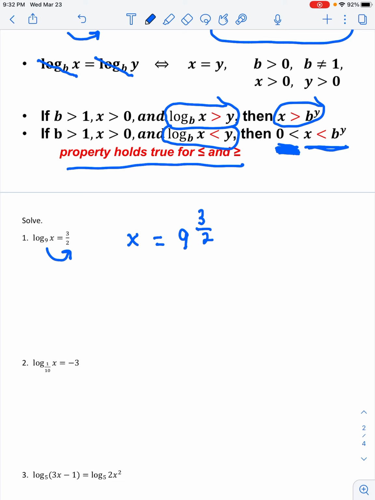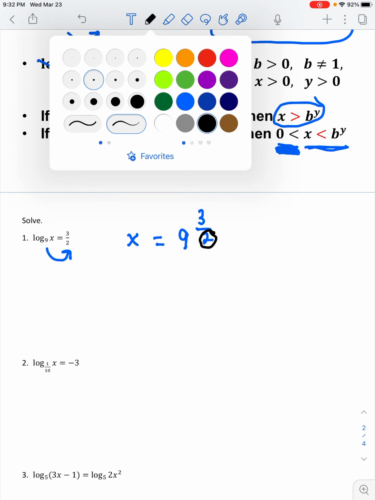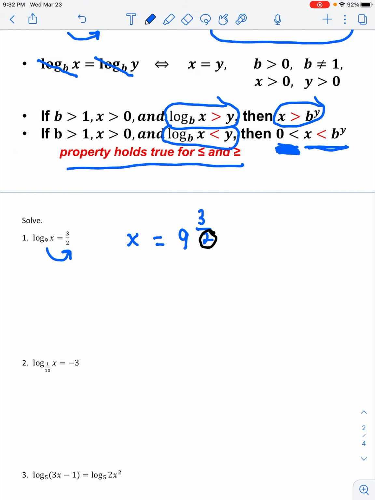Of course, we have to remember how to evaluate that. The denominator of our rational exponent is 2. That's telling us the root that we need to take. And so that means that x is going to equal the square root of 9, all raised to the numerator of our rational exponent, which is 3.